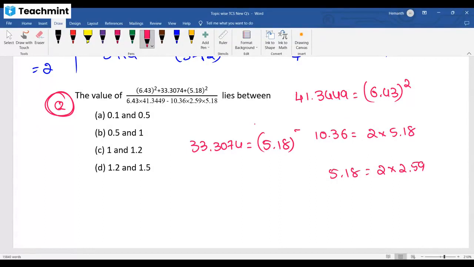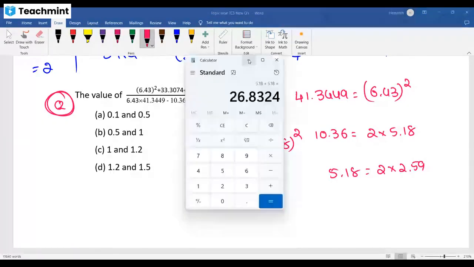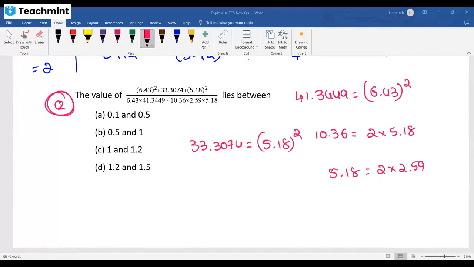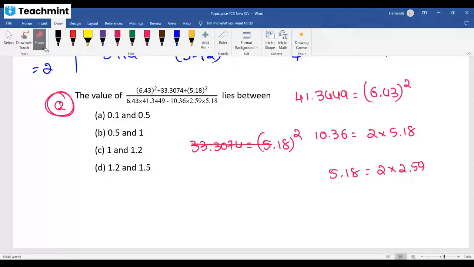I hope everybody sees the screen, right? Screen is visible for everyone. No, it's not 33. I think this is not correct. This is not a correct statement from my end. You can check using a calculator.